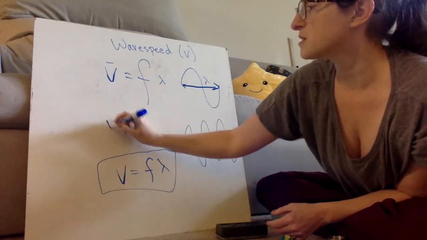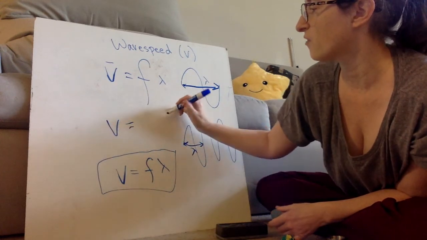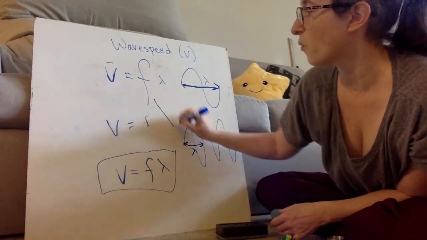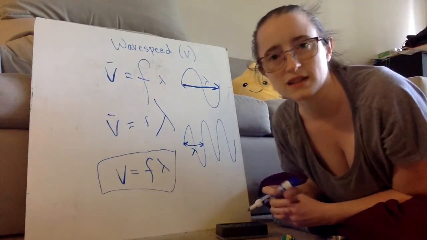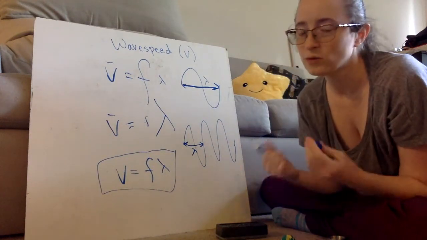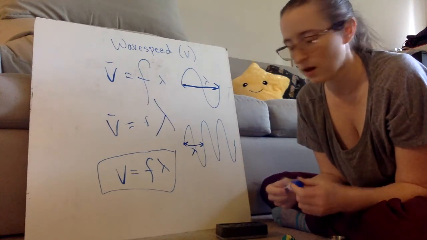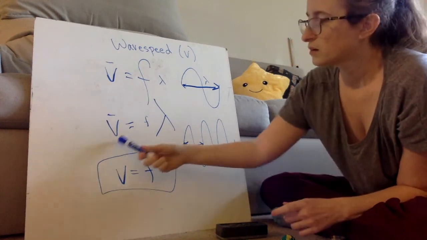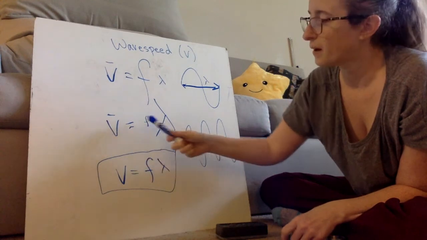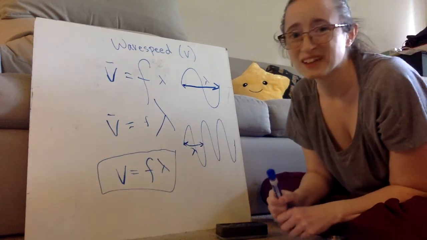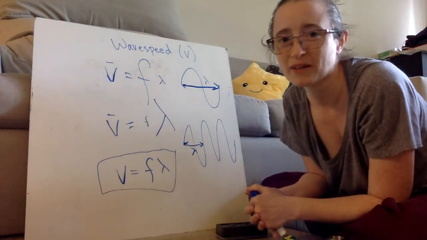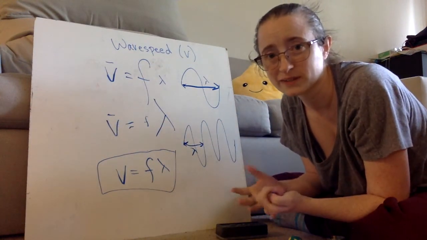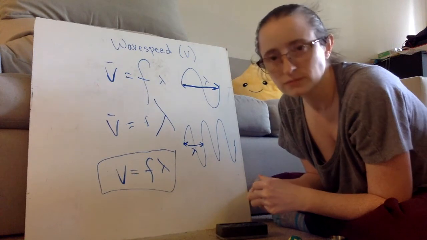And the opposite is true as well. If I have a small frequency, the wavelength gets really big so that the wave speed can stay the same. So if you know properties about the medium, that influences the wave speed, but the frequency and the wavelength do not. But because they're always proportional to each other, they still always come out equal to the wave speed, which is really convenient. I hope that makes sense.